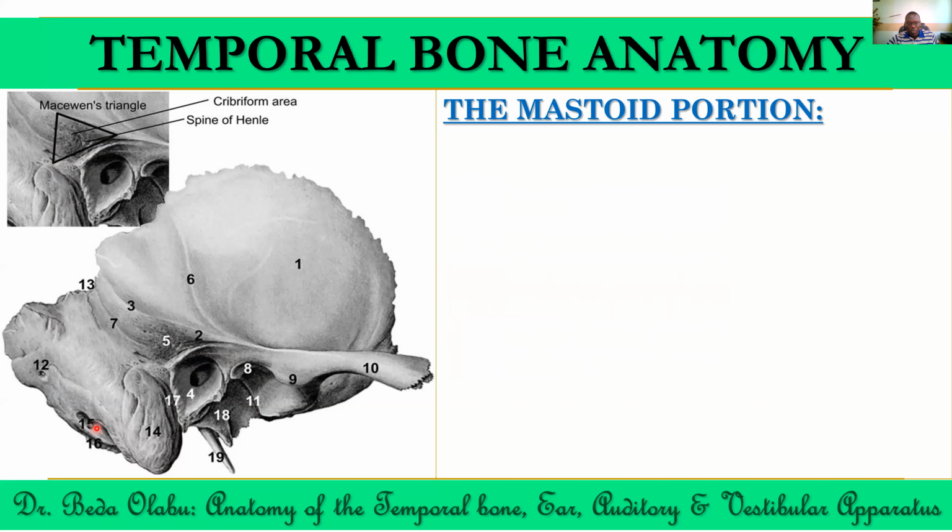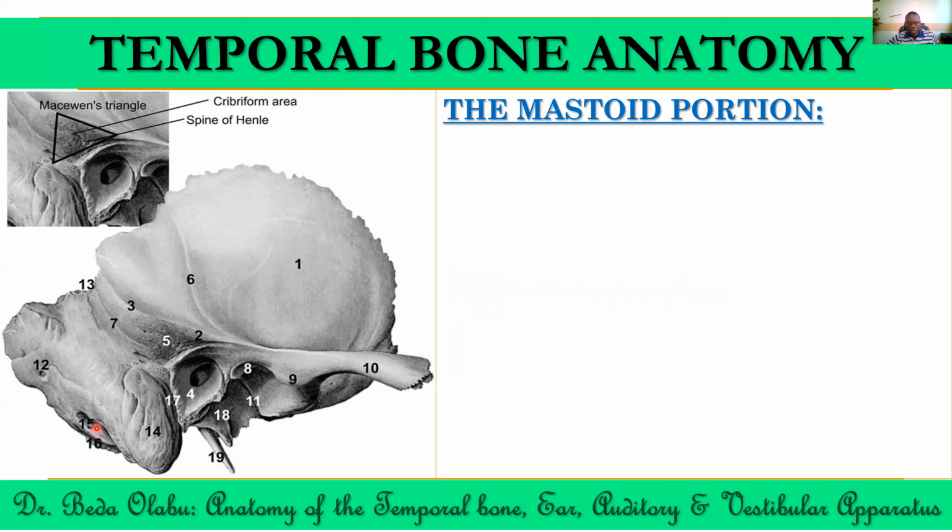Then we have openings of the semicircular canals. These are the semicircular canals. So they have openings which are posterior to the vestibule, on the posterior aspect of the vestibule. And lastly, we have the vestibular aqueduct, not shown in this particular image, but somewhat an inferior projection from the vestibule.